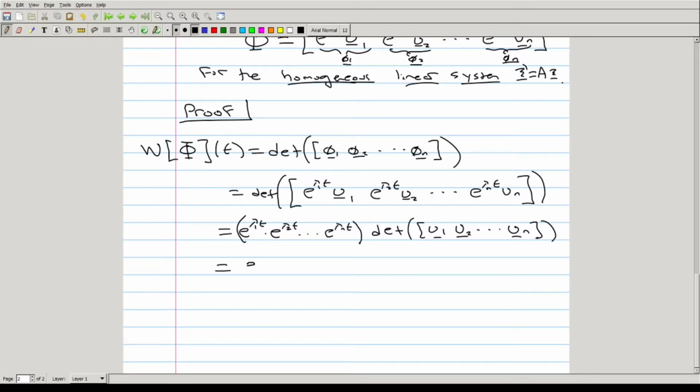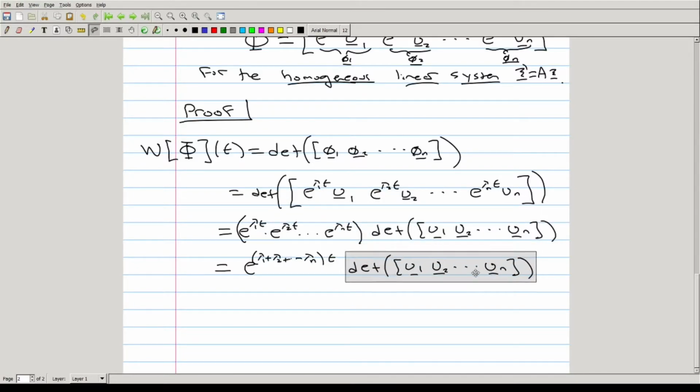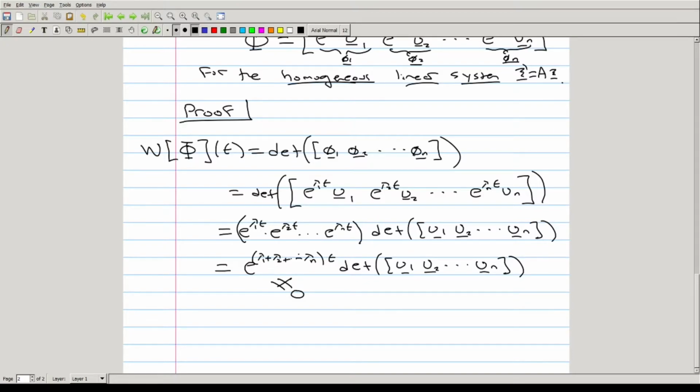And you can rewrite this a little bit simpler. This multiplication of exponentials is the same thing as e to the sum of all the eigenvalues times t, times this determinant. And this exponential will never be zero, non-zero, for any value that we put in this expression.